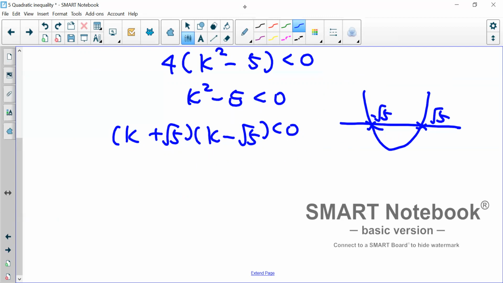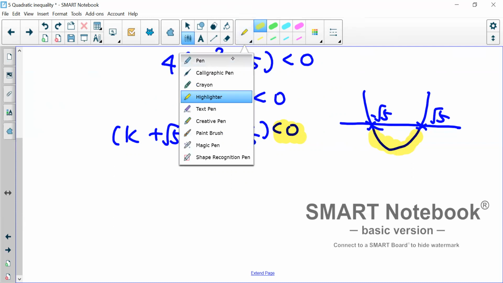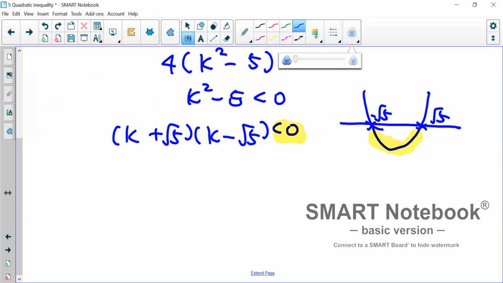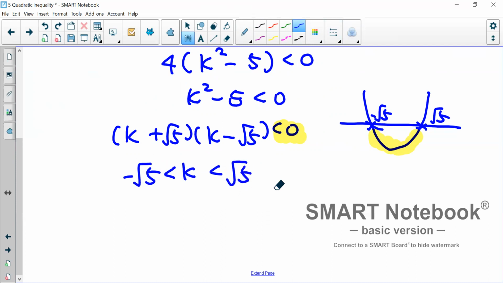And if I want the region which is less than 0, so it goes below the x-axis, then that means my inequality will have to be k goes between, so k is greater than minus square root of 5, and k is less than square root of 5. So this is the set of values of k which satisfies the equation so that it has no real roots.